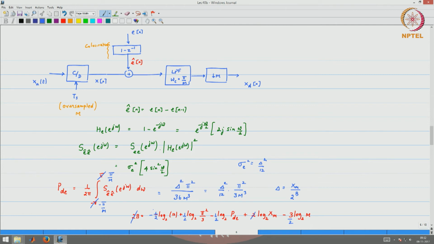Okay. The key result, what is the link between B and M? Previously it was minus 1/2 log base 2 of M. Now it has become minus 3/2. So for every doubling of the sampling rate, you are not going to get a half bit improvement, you are going to get 3/2 bit improvement.